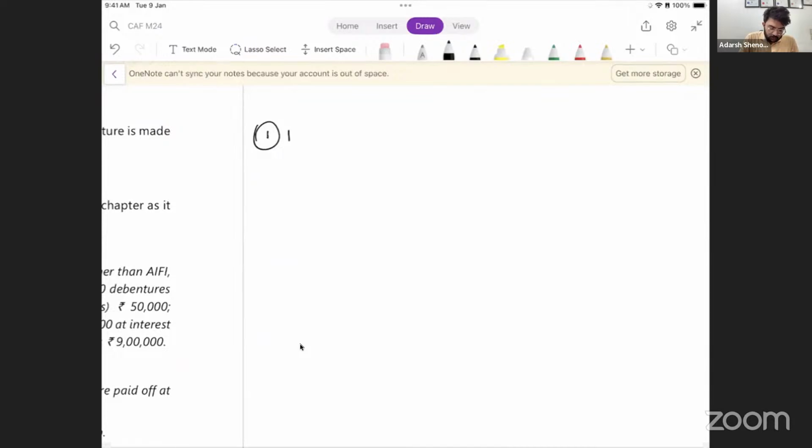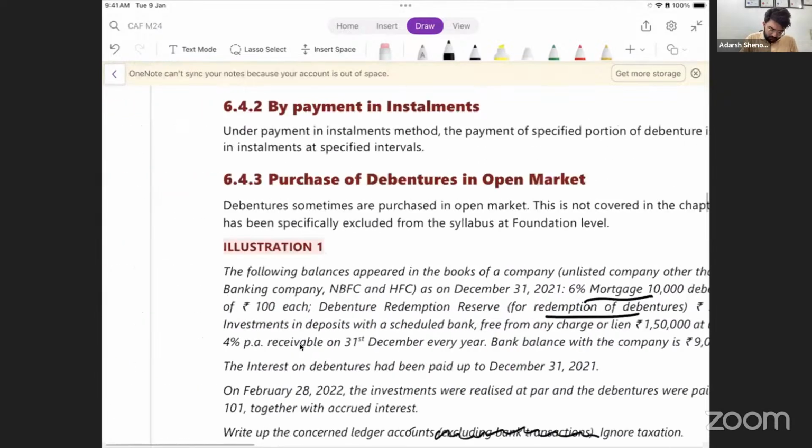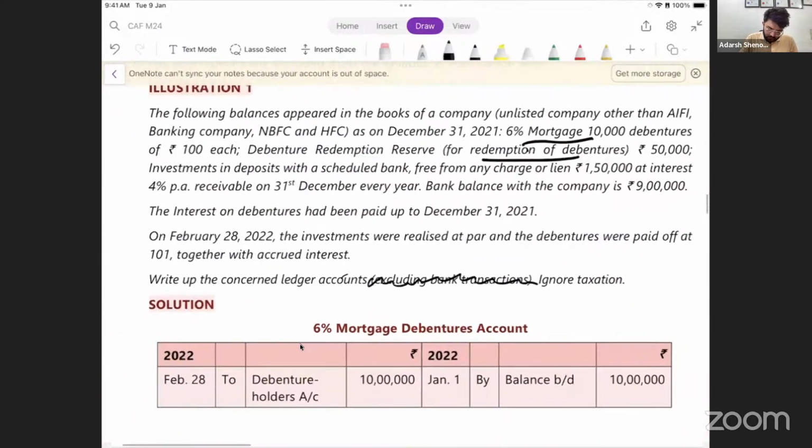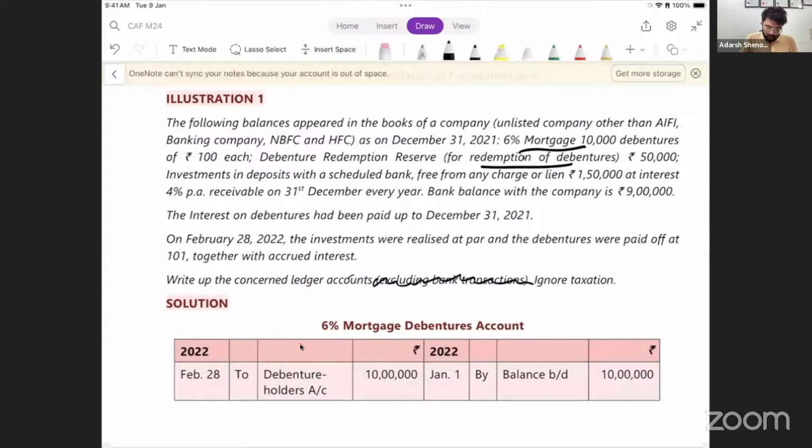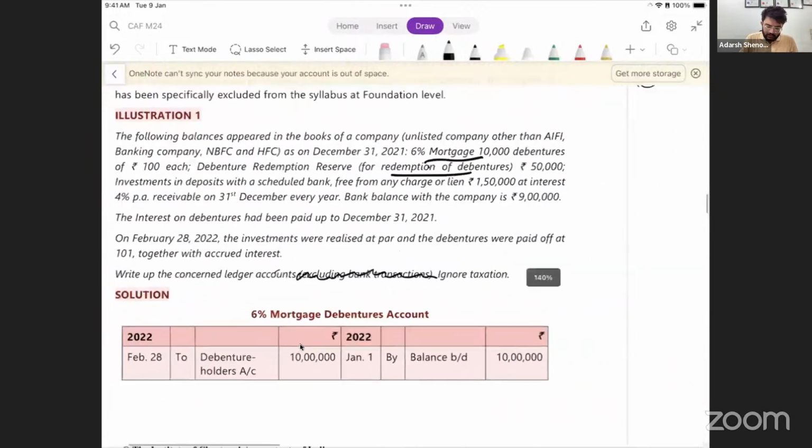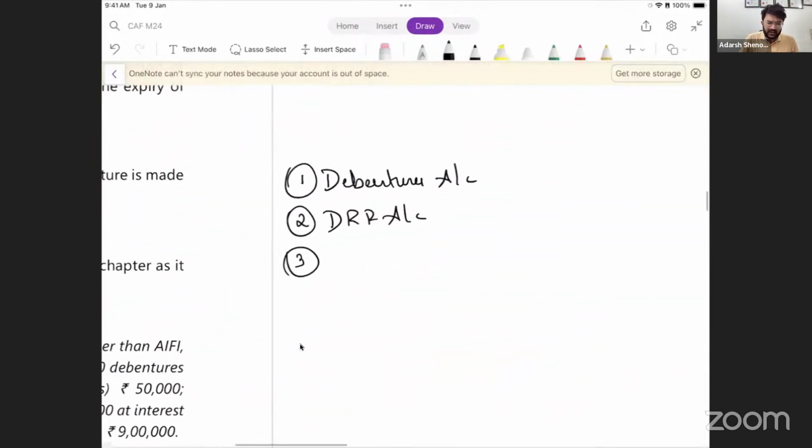When issuing debentures, I need a debenture account, so debenture account will be there. DRR will be created, so DRR will be needed. Then we will need profit and loss account. Balance and all is not given, so I'm not going to do profit and loss account as such, because reserve is created from the profit and loss, but how much balance is there is not given. You can create an extract, okay, but not necessary.